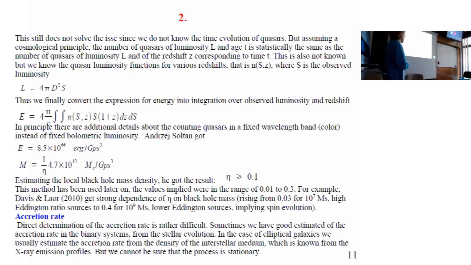Of course, those computations are not very simple, but nevertheless, this 10% efficiency on average, with some trend over the redshift, rather higher efficiency in the past and rather lower efficiency now, repeats in all computations. And that also suggests that most of the black hole growth happens through the bright quasar stage, right?